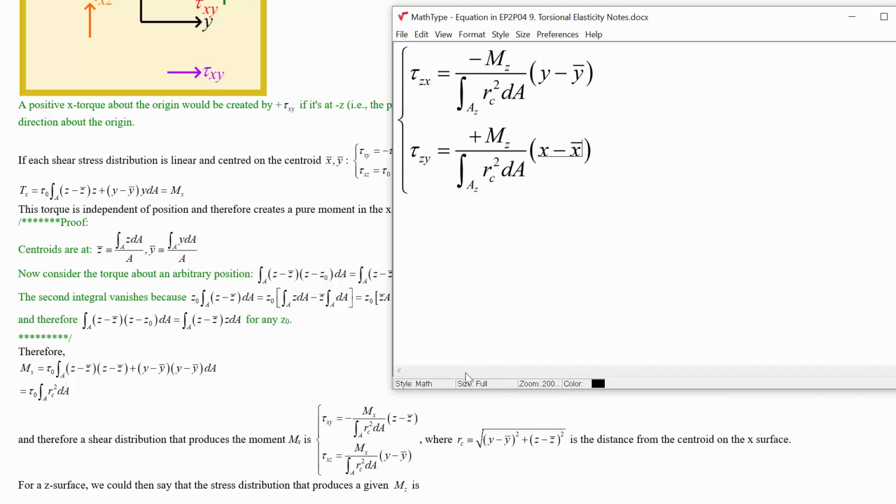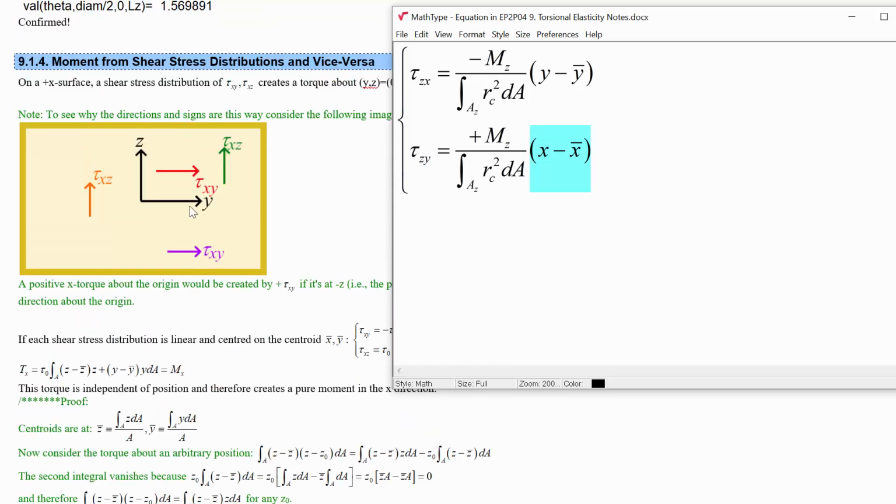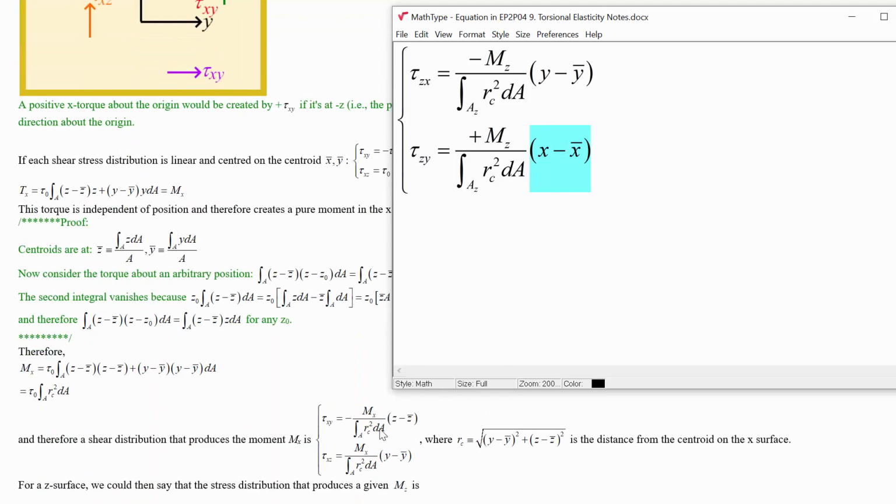So the more you are to the right in x from the centroid, the more torque you're going to be getting. So the shear stress distribution in y that you want to be applying to give a positive Mz will be something which has more y stress the more to the right you are, just like here we were giving more z stress the more to the right you are in this picture.